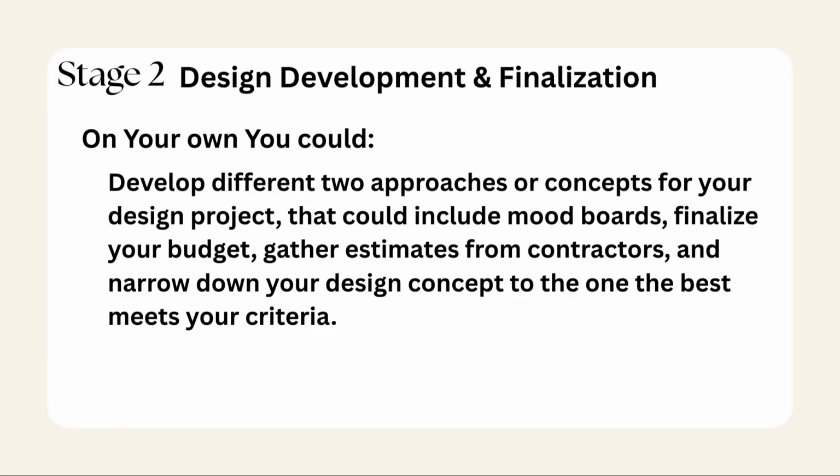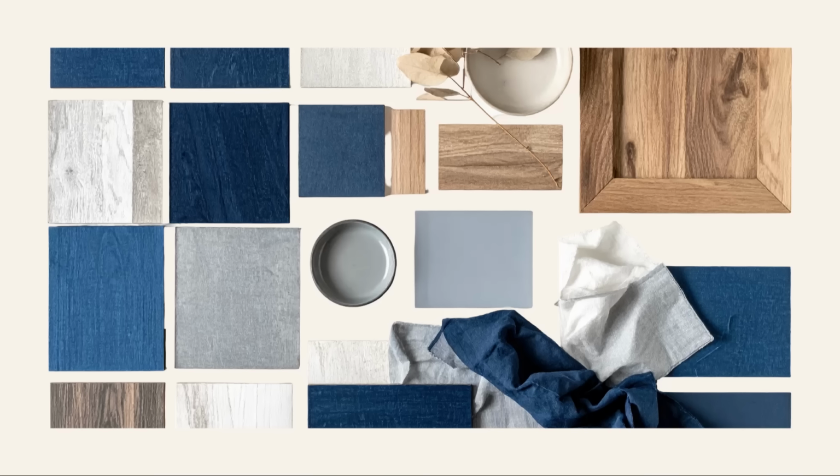And this is where you would go through a similar process where you would want to develop different ideas or different design concepts for your design project. In fact, I would challenge you to come up with two different options, two different design concepts, and to come up with a mood board that would visually bring everything together and give you an idea of how everything will look and feel.